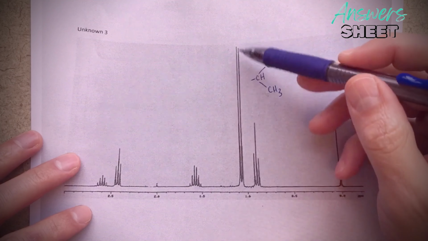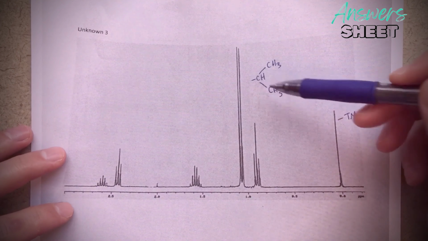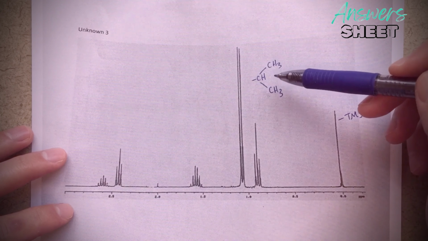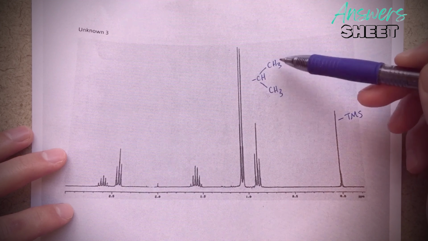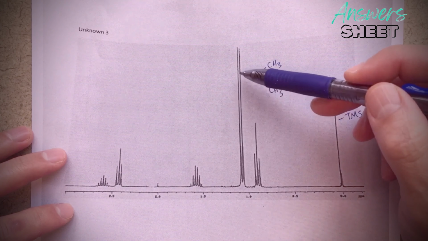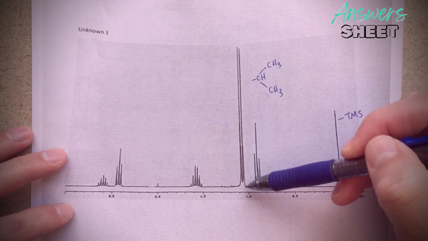If I want a big doublet, I need a lot of protons in the same environment being split by just one proton. This is a really common motif: a big signal that integrates to 6, split into a doublet by the one proton on this linker. That's what I would guess is giving us this peak here at about 1.1.